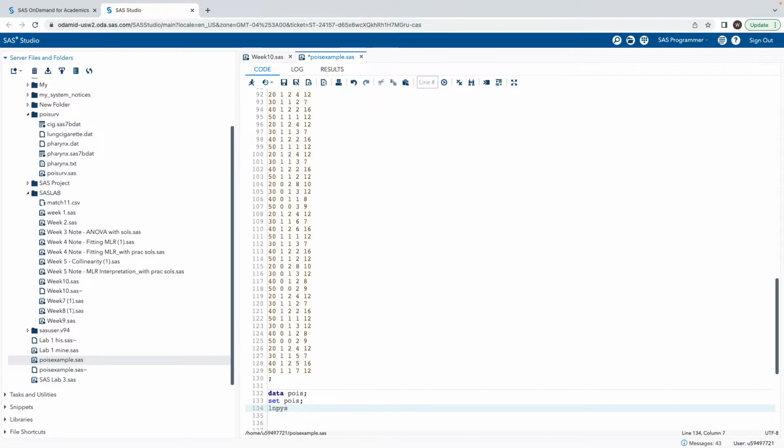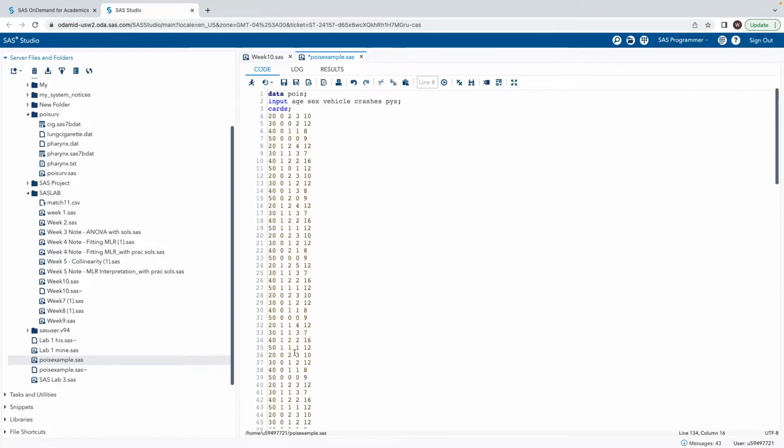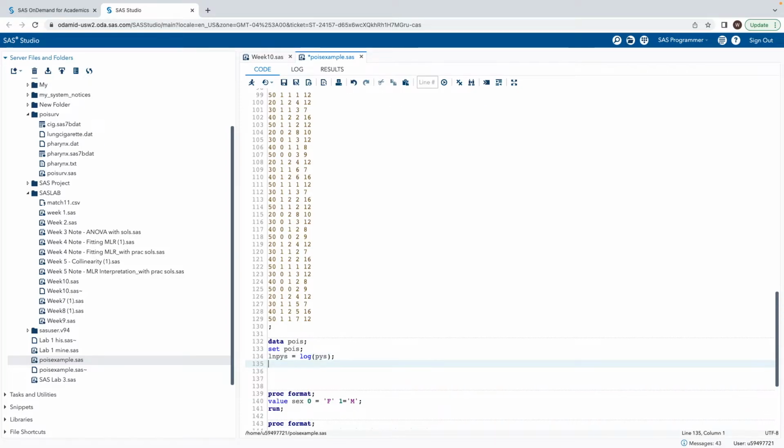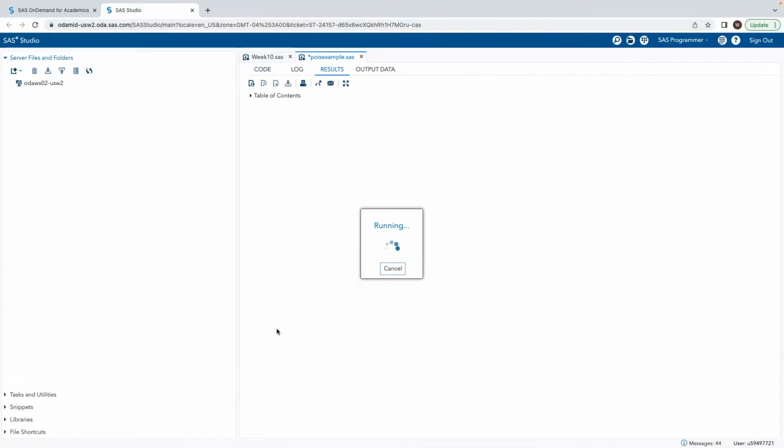I don't know, it's never log base 10. When you tell SAS log, SAS just kind of knows you mean ln in the context of statistics. I named it PYS, right? Yep. And so now we have a ln-transformed person years variable that we can use as the offset.